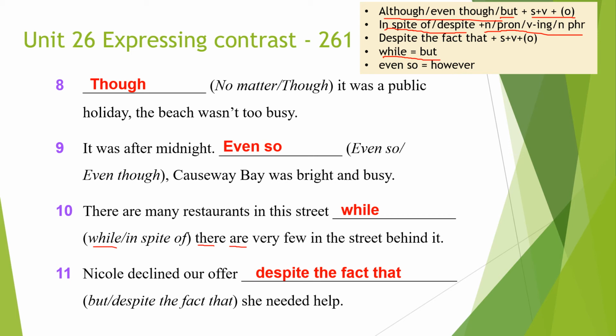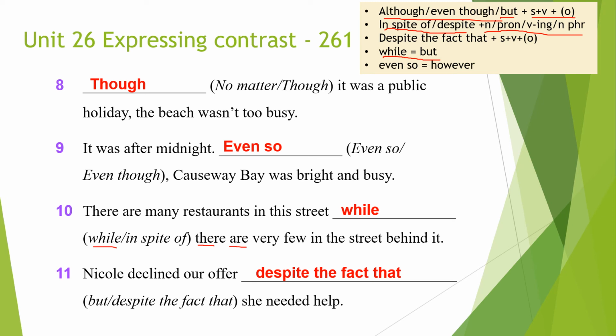We don't use a comma directly after "even though". If you use "even though Causeway Bay was bright", there is no comma, but there is a comma there, so "even though" must be out. So the answer must be "even so", which means however. Usually it starts the second sentence, so sentence 1, sentence 2, and then we put a comma for "even so" or "however".